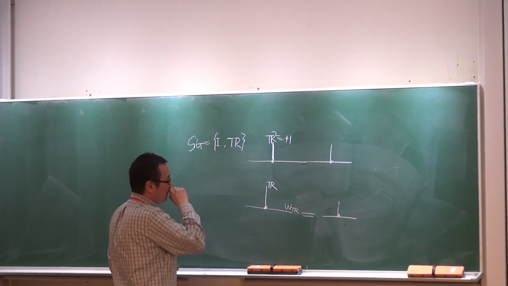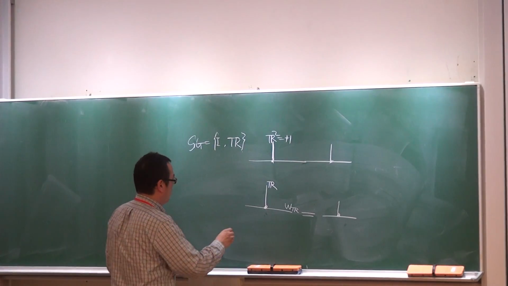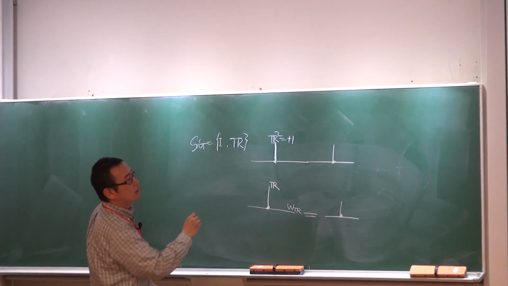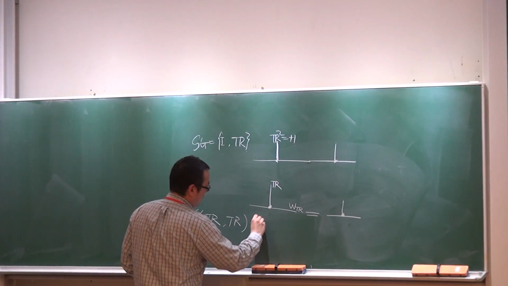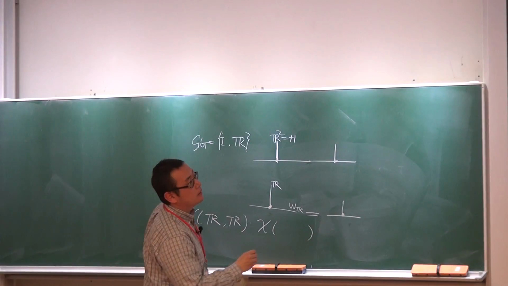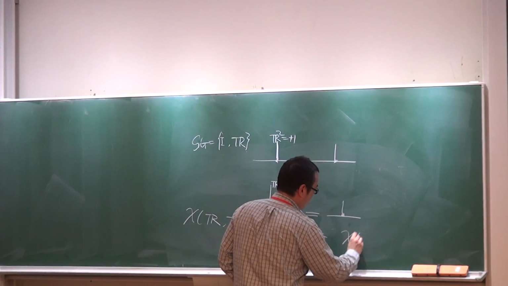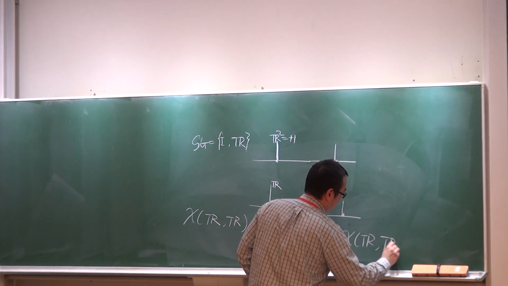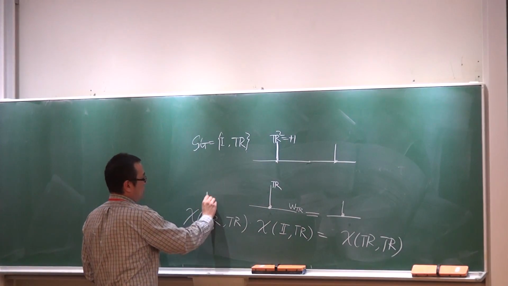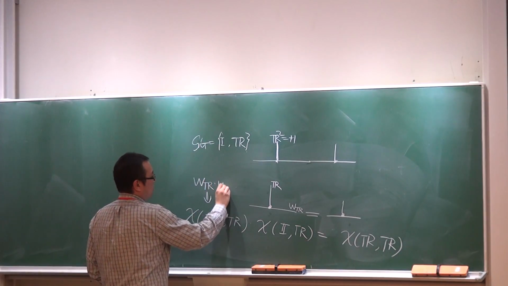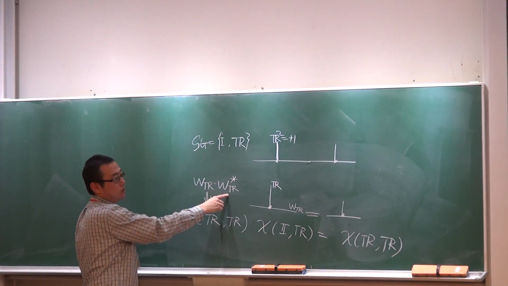Then it turns out that this relation simply means our chi(identity, time reversal) equals chi(time reversal). This chi(time reversal) is nothing but W_T times W_T conjugate, because you basically apply time reversal twice.